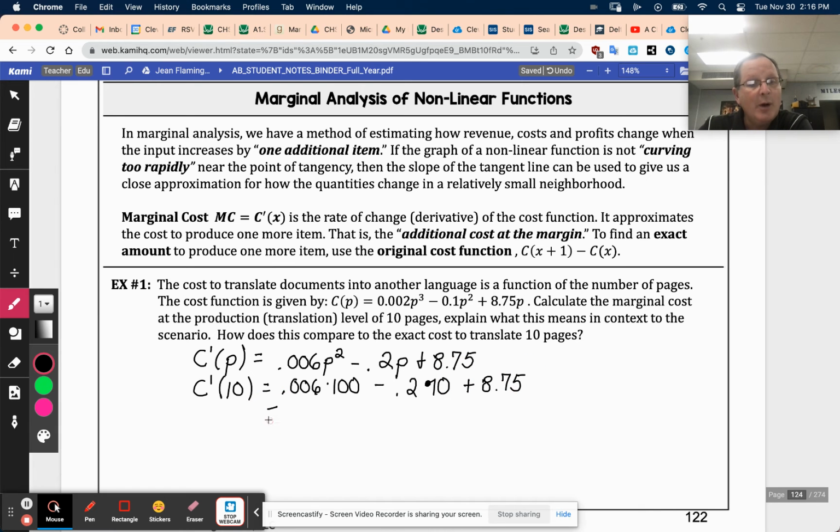All right, and so that's going to be 1,000th multiplied by 100, so that's going to be 0.6, minus 2, plus 8.75.